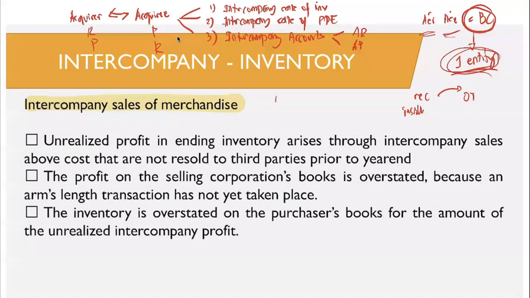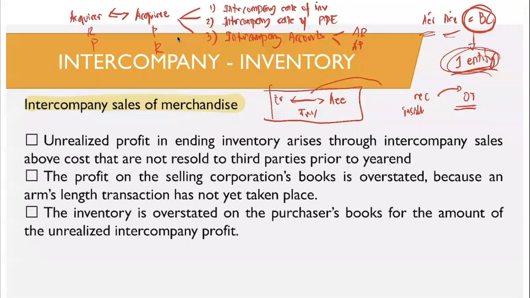So what happens in intercompany sales of merchandise? We have the acquirer and the acquiree. They will sell inventory to each other. The problem here is that normally the inventory will stay with the acquirer or the acquiree. Remember, we will only record a transaction once we sell to an outside party.